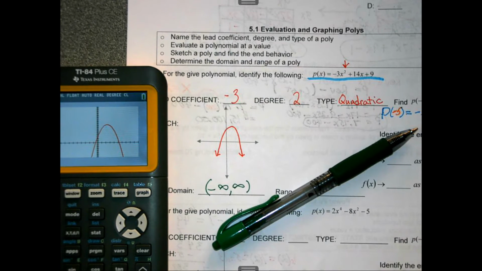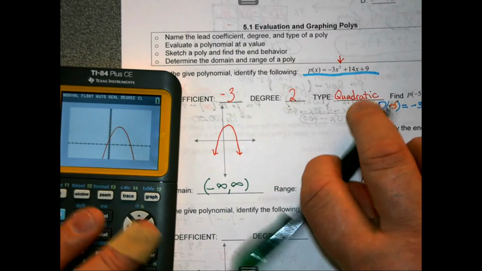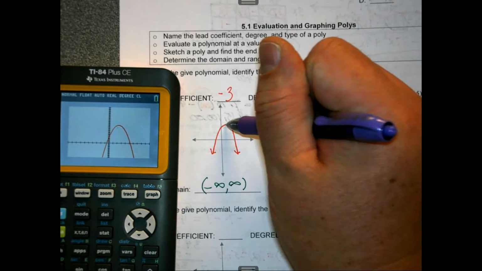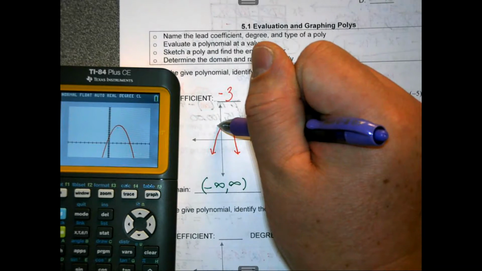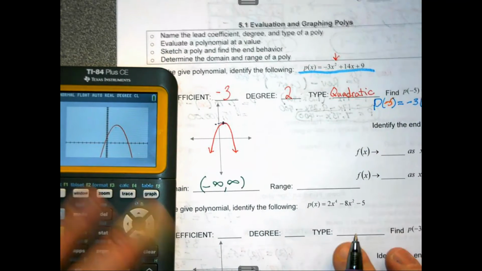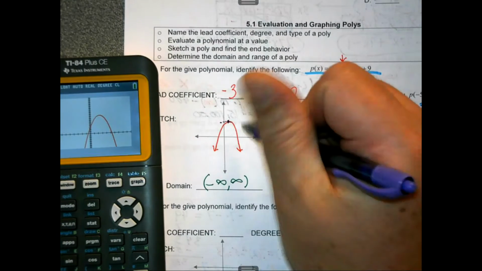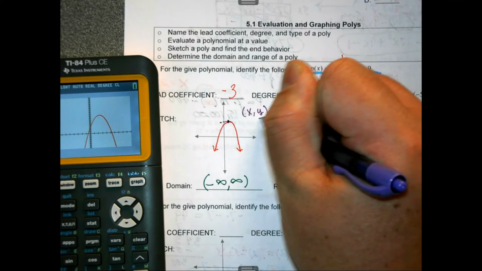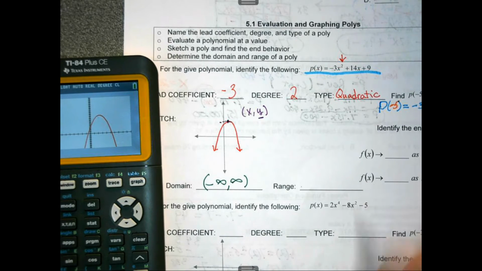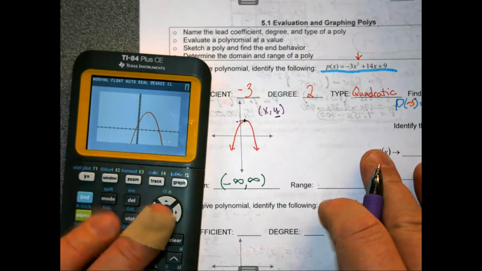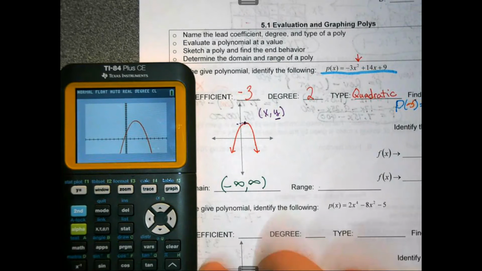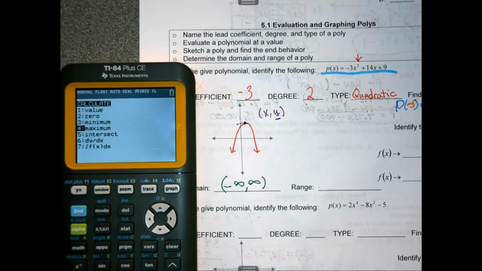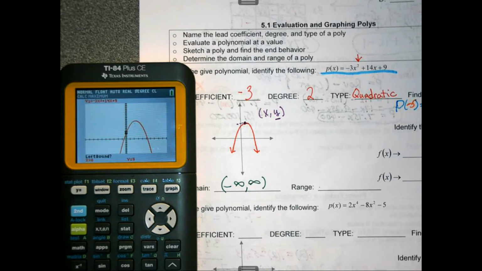Did anybody? All right. So the range. I need my highest y value, which is going to be this, right? So I need my vertex here, my x comma y, because that y is my highest y value for my range. So I need to compute that. Second trace, my max, enter.